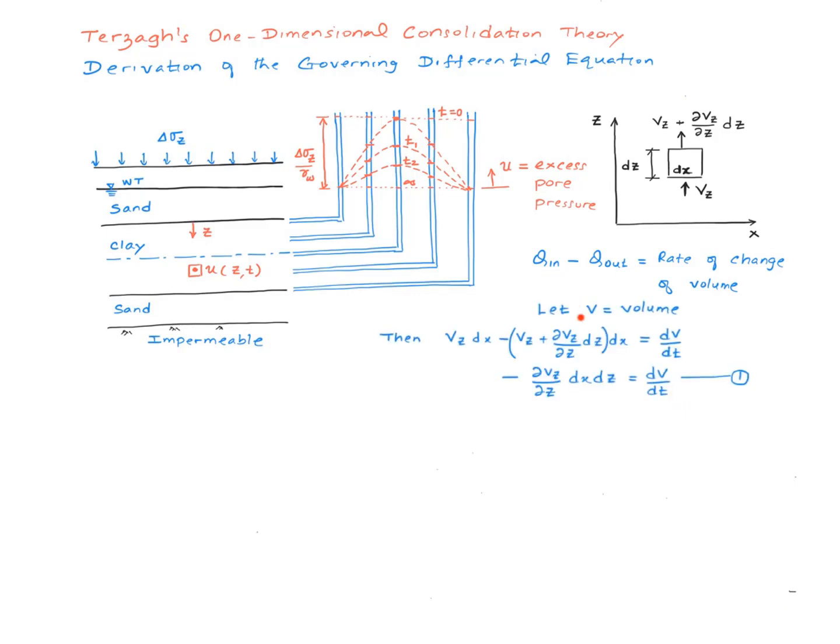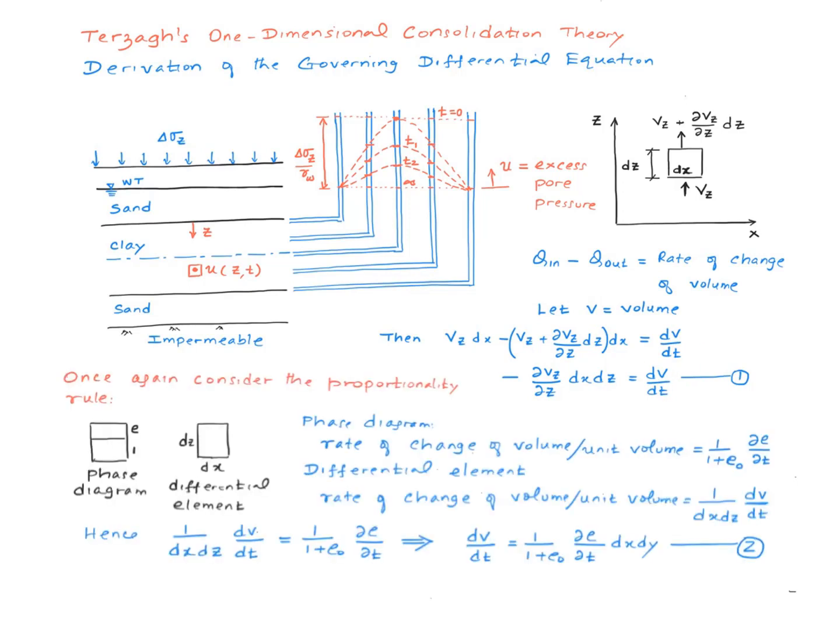Denoting the volume by V, here is our equation. So here dV over dt is the rate of change of volume. We're going to relate this to the rate of change of void ratio as shown here. To do this, once again, we invoke the proportionality rule that we used before. Here's your phase diagram. Here is the differential element, right?